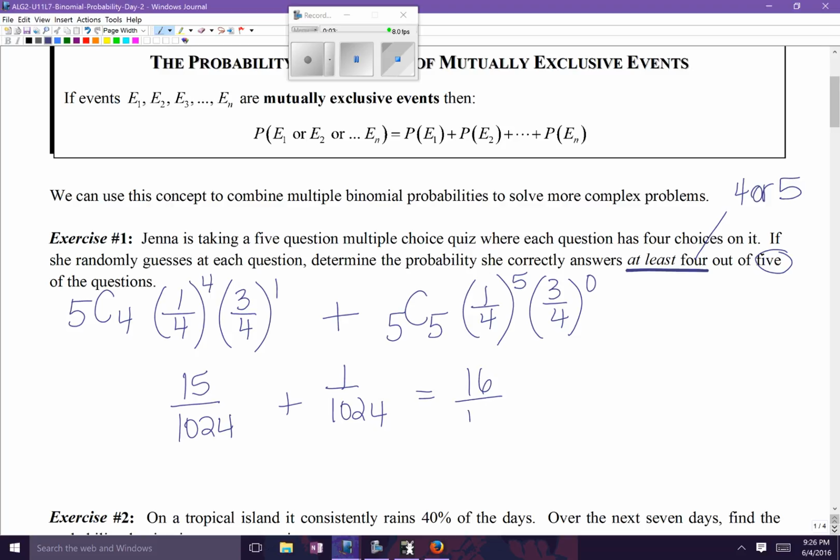Which is 16 out of 1024, which then reduces to 1 out of 64. I cannot stress enough that when you go to school to practice these in class, really practice typing all the buttons in the calculator. We don't want to see any mistakes. If you know how to set it up, putting it in the calculator should be the easy part.